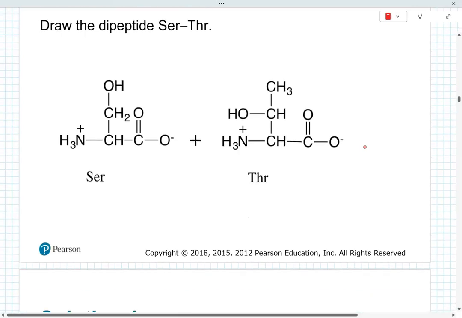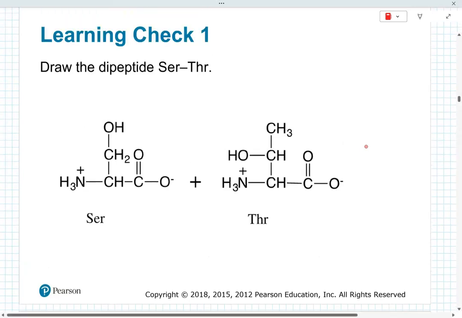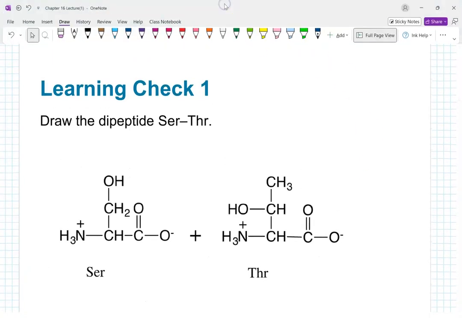Okay? Now, if you don't mind, I'm going to do something completely different because I'm very, very lazy. This is what I'm going to do. These are two amino acids, right? Serine and threonine.